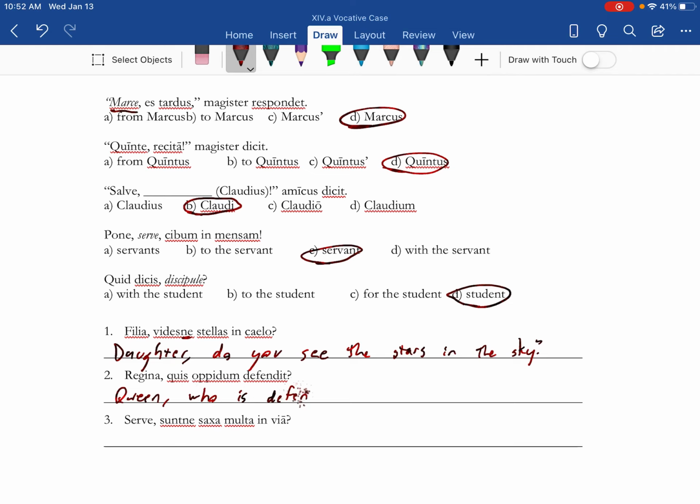Who is defending the town? And then the last one on this page, servant. NE will let you know it's a question. Are there many rocks in the road?